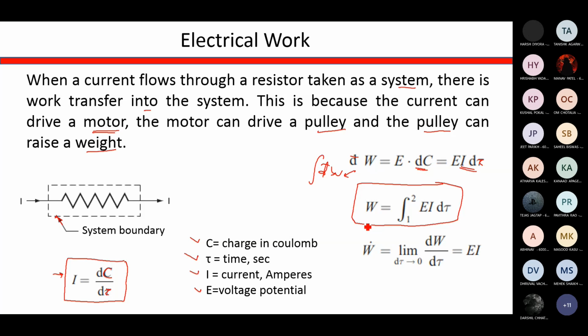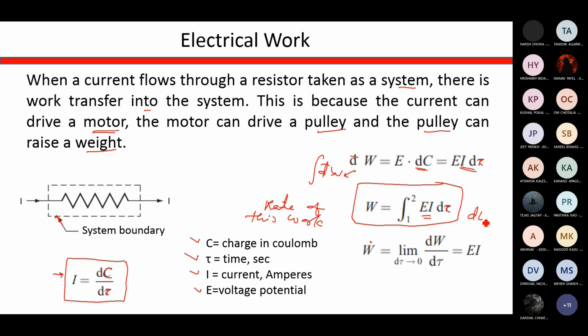So the electrical work is given by this expression, integral 1 to 2 of ei d tau. Note down this expression, and the rate of this electrical work is given by W dash. Now this dash indicates this is per unit time, means you have to divide this expression by time, right?